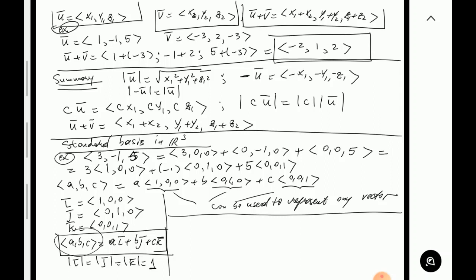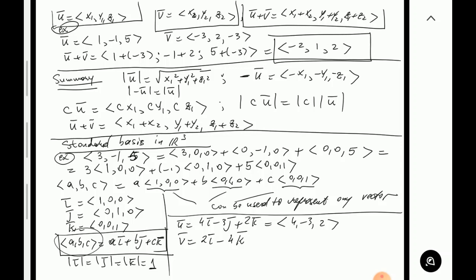So let's move on with another example. Let's say in reverse, suppose I have a vector u written like this: 4i minus 3j plus 2k. That's the same as the vector in component form 4, minus 3, 2. Keep in mind that the absence of one of these i, j, k means that its coefficient is 0. So let's say, for example, I have 2i minus 4k.